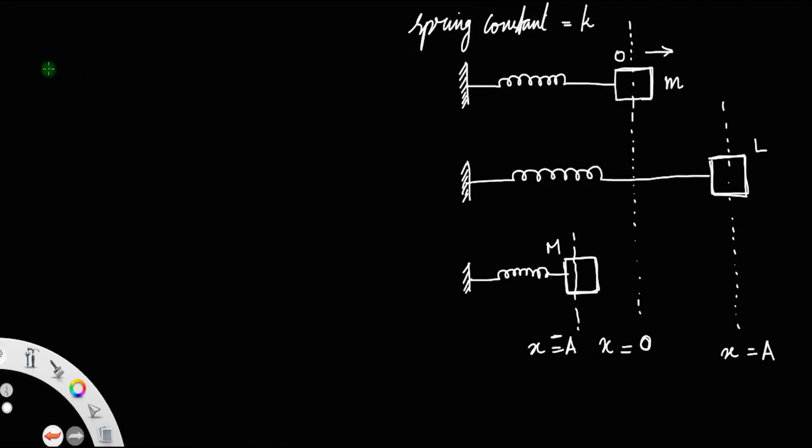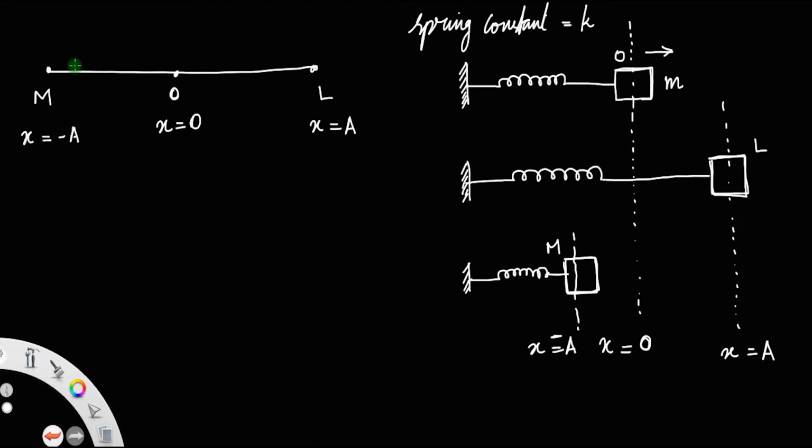So if we draw a straight line and represent these three points, this is our origin, this point is L and this point is M. Here x is equal to 0, here x is equal to A. These M, O, L are the different positions of the mass when the spring is elongated and when the spring is compressed. So this is x is equal to minus A.